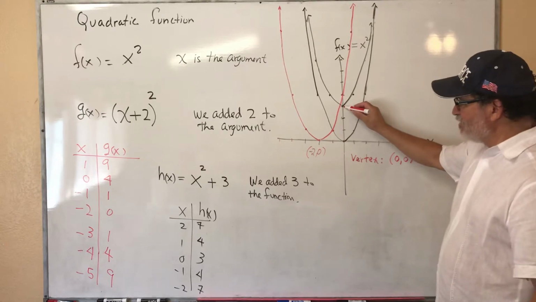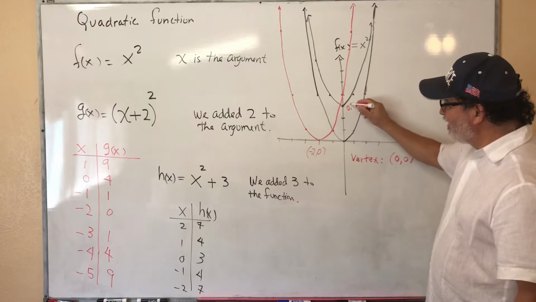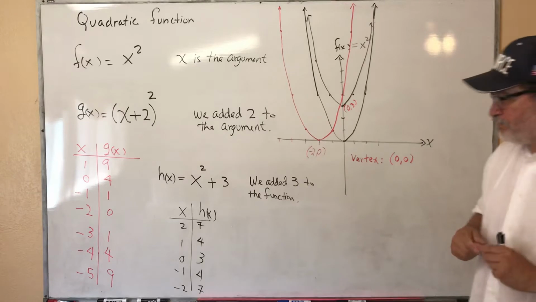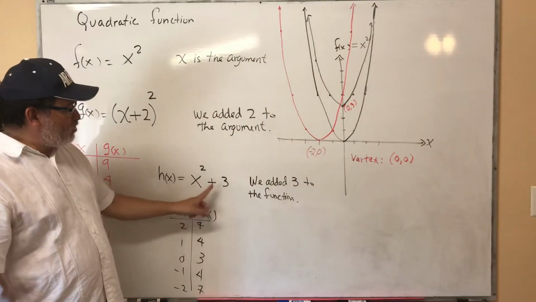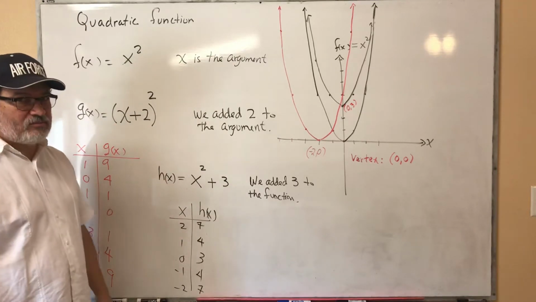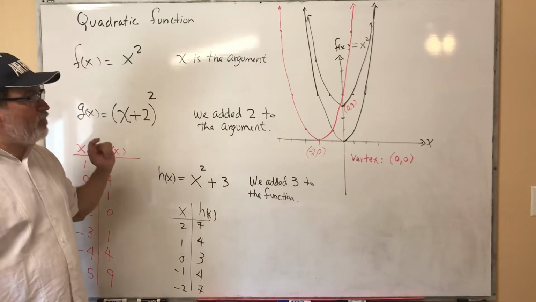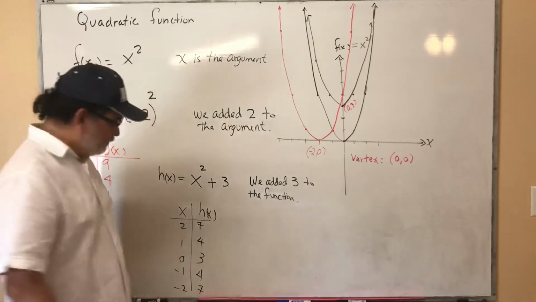What's the vertex? 0, 3. So here's the point. When you add to the function, it's a vertical shift, not in the opposite direction. When you add to the argument, look, this new argument is being squared, it's a horizontal shift in the opposite direction. Okay? Very good.